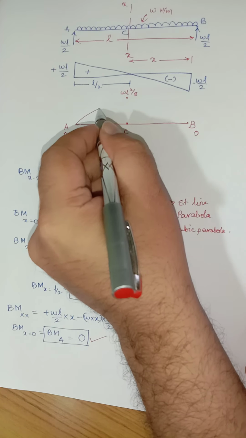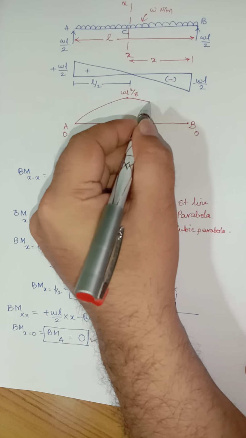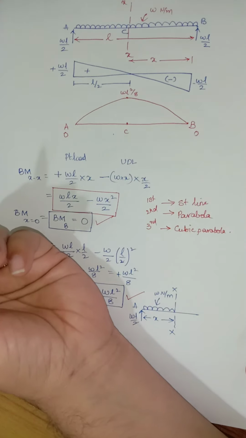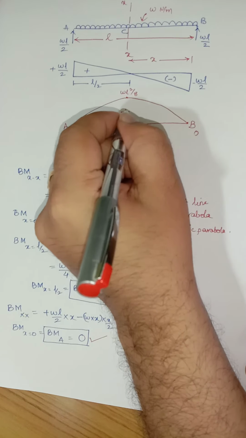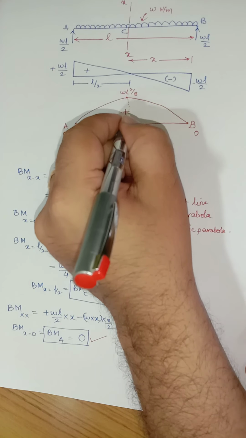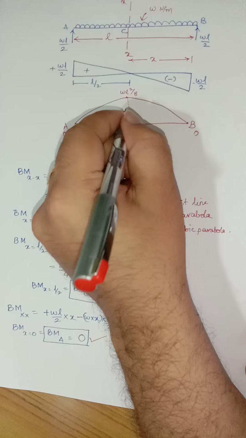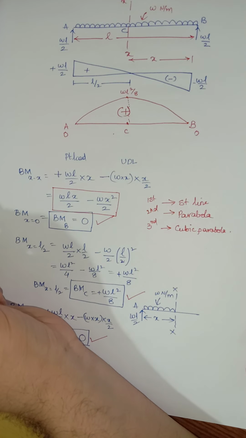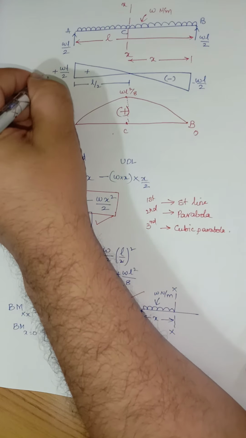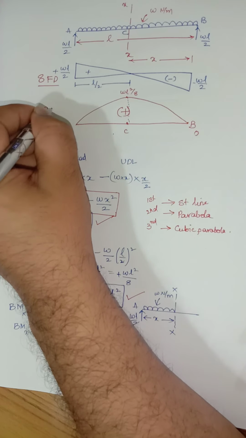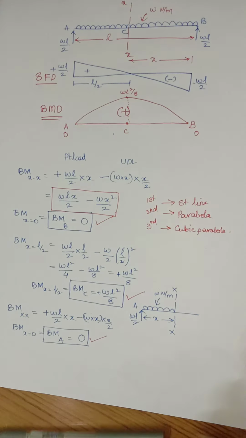As you can see here, I am drawing a curve which simply indicates a parabolic curve like this. Now this is positive, and whatever value we get here, WL square by 8, is a positive value. So in this way, we have to draw the shear force and bending moment diagram. So this is the shear force diagram, SFD, and this one is BMD. That's it. Thank you very much.